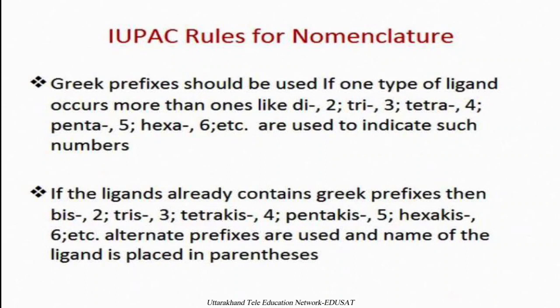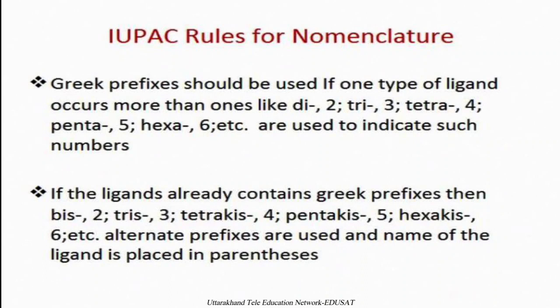For example, if we have two of one type of ligand, we use di. If we have three, the prefix is tri. If a ligand is repeated four times, we have tetra. Similarly, penta and hexa are used for 5 and 6 respectively.